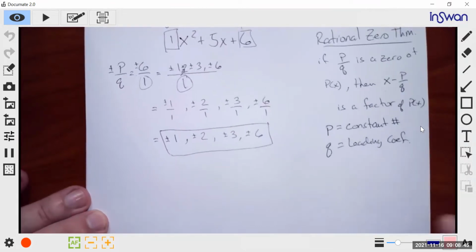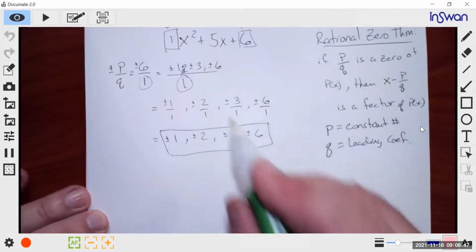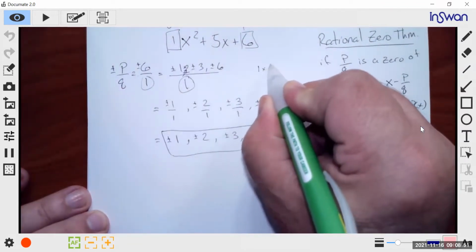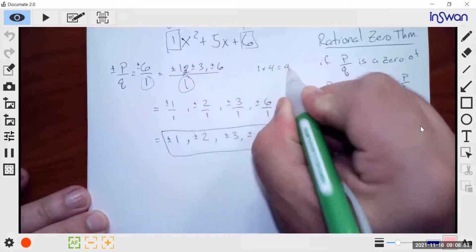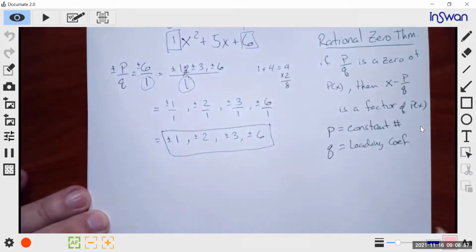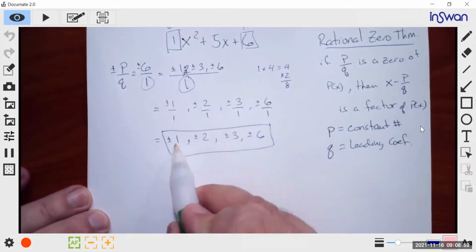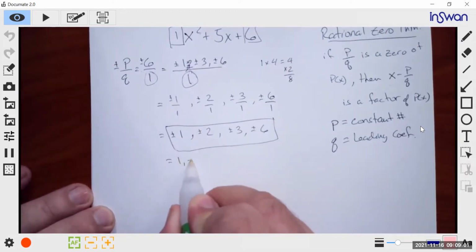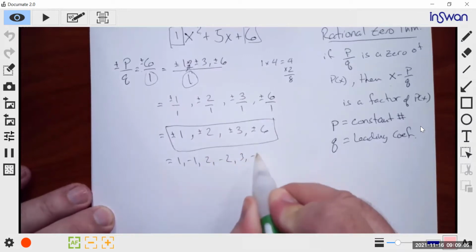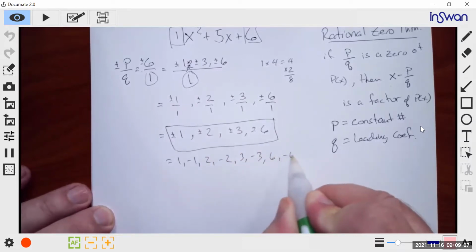Why is it 8? Yeah, because we have one number on the bottom times 4 numbers on top times the plus or minus. So the answer is going to be positive 1, negative 1, positive 2, negative 2, positive 3, negative 3, positive 6, negative 6.